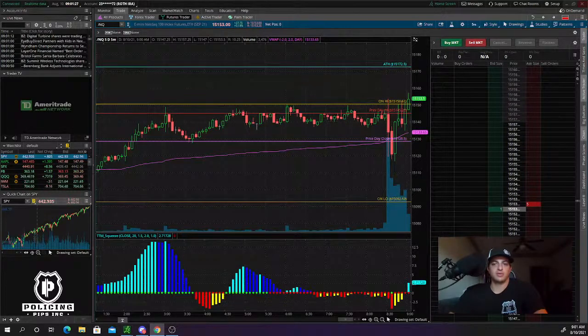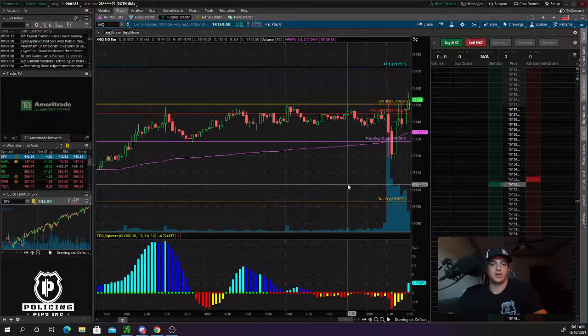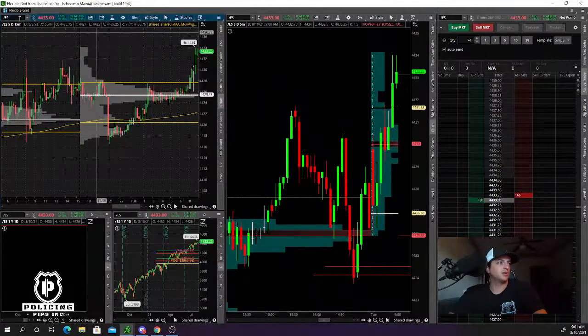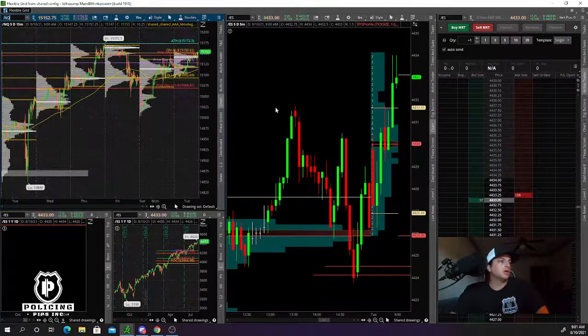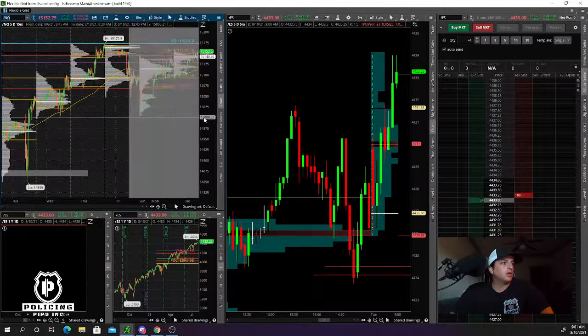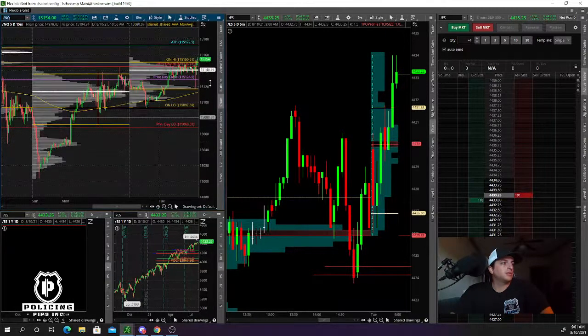It does seem like it wants to reject a bit. It's got those orders up there. What I'm going to try and do is flip this flexible grid up to the NQ. All right, there we go. Now we can see it a bit better.